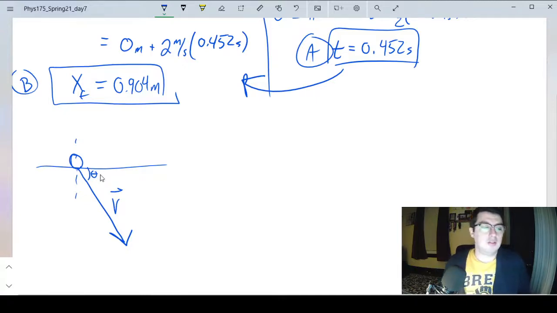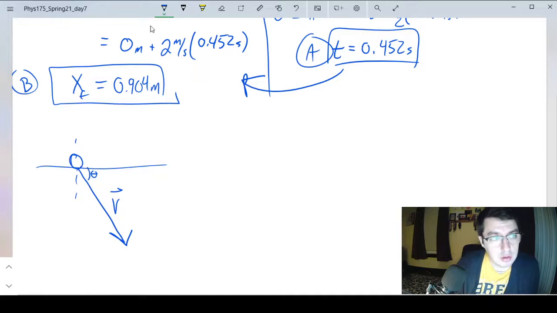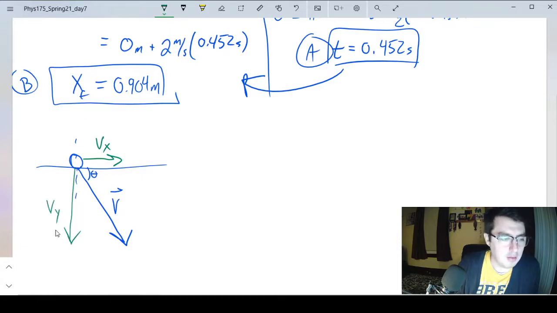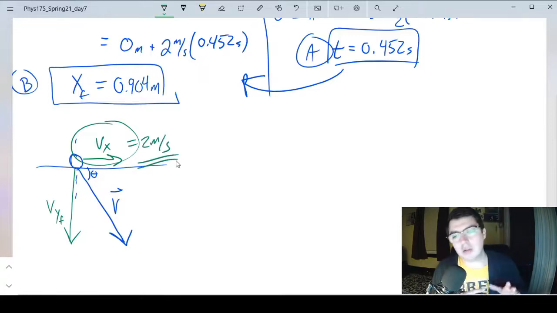I know that this velocity is made up of two components. One of the components is the x direction of the velocity, vx, and the other is the y direction of the velocity, vy, and I'm going to say vy final. Vx we already know. Vx is equal to 2. I can't stress enough that in the x direction, there is no acceleration. The velocity is constant in the x direction.